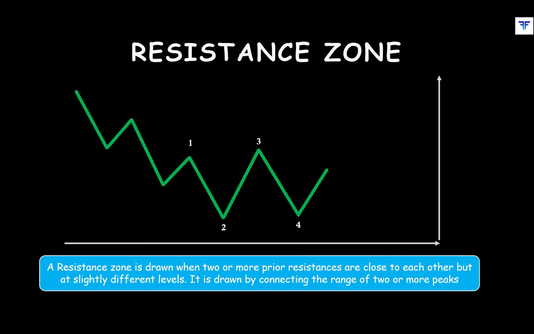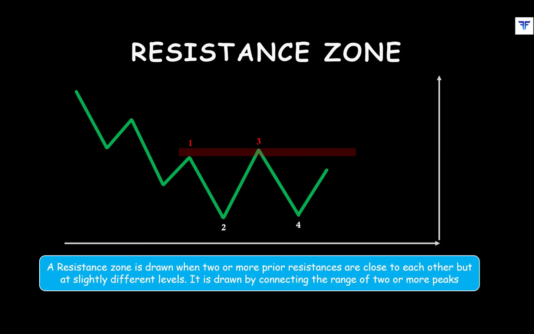Meanwhile, as price starts rising from 0.4, you may now wonder which resistance to focus on going forward. The one at 0.1 or the one at 0.3? Well, in this case, because the highs at 0.1 and 0.3 are very close to each other, it would be better to draw a zone connecting 0.1 and 0.3.